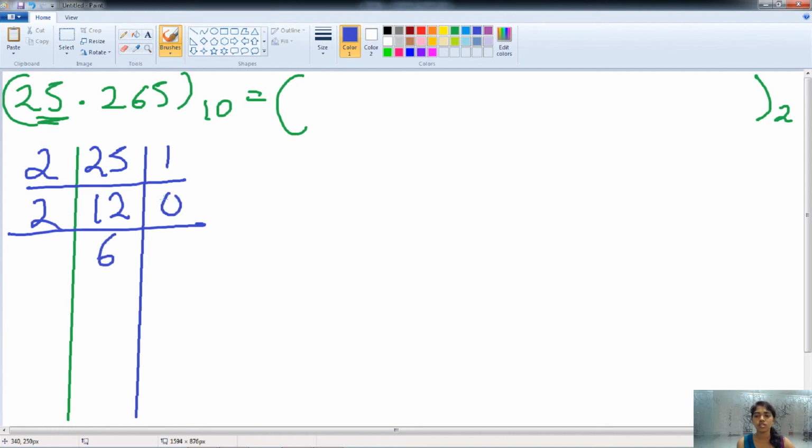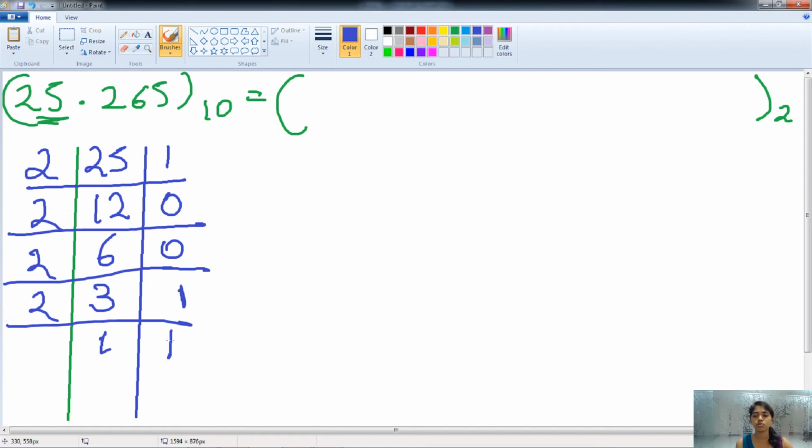Now 2 6s are 12, so no remainder, 0. 2 3s are 6, again no remainder. Now 2 1s are 2, so 1 remainder. Now this 1 is less than 2, so we will transfer it here. And our answer, reading bottom to top, is 11001, and the point will be written here, I mean the fraction part.